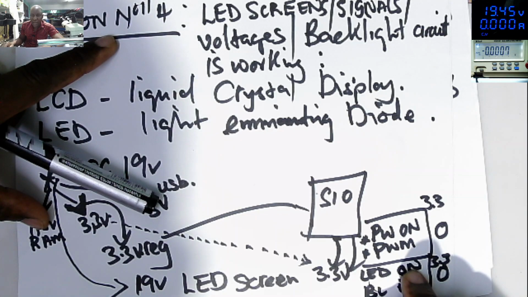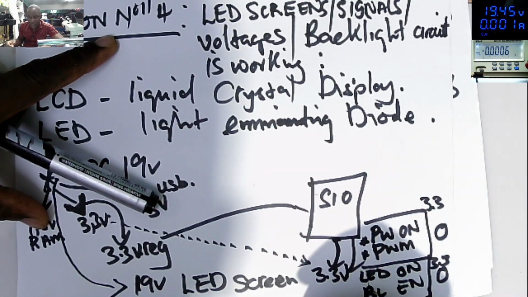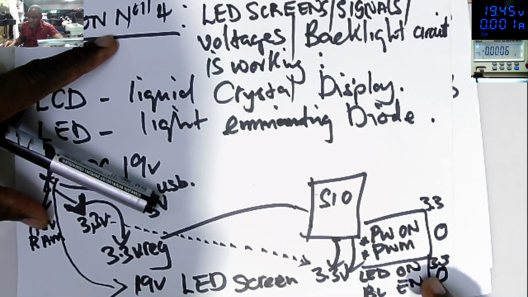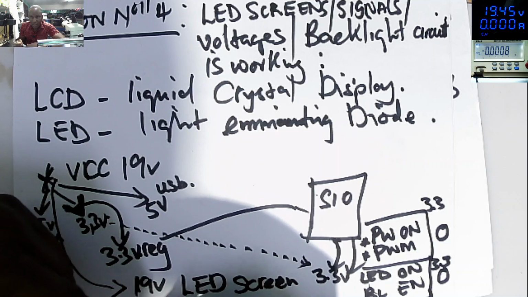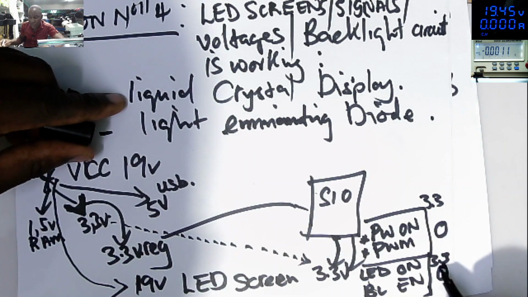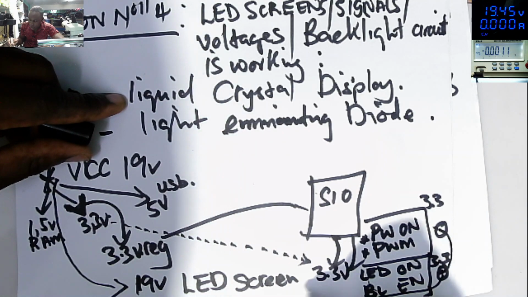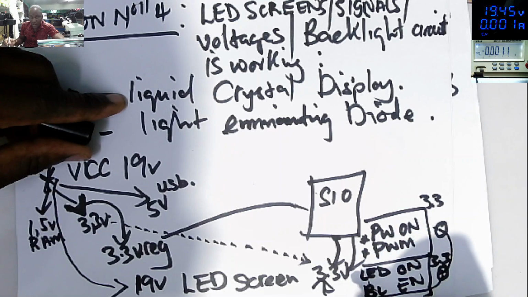maybe if you have time you can trace the problem, but there are two options. Either what I'm doing: if one of these signals is missing, I'm jumping over these two signals with a wire and coming to the 3.3 volts power supply.